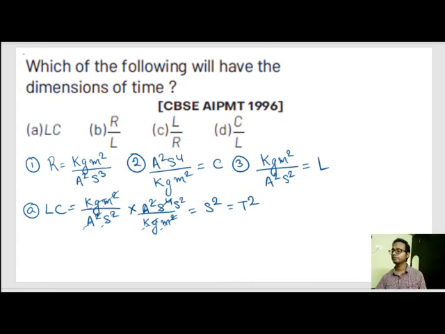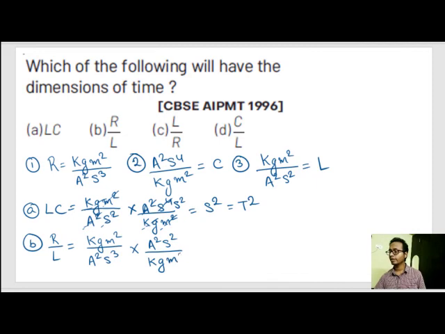Now R by L is nothing but kg meter square by ampere square second cube divided by L. Divided by L means into ampere square by kg meter square.